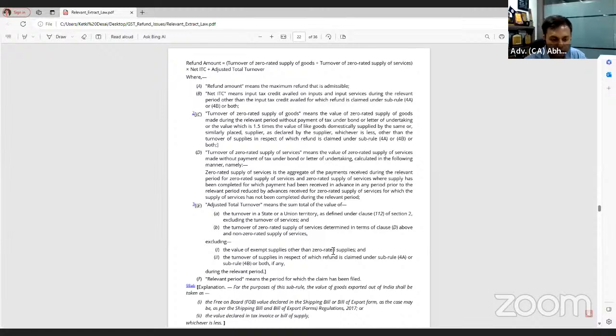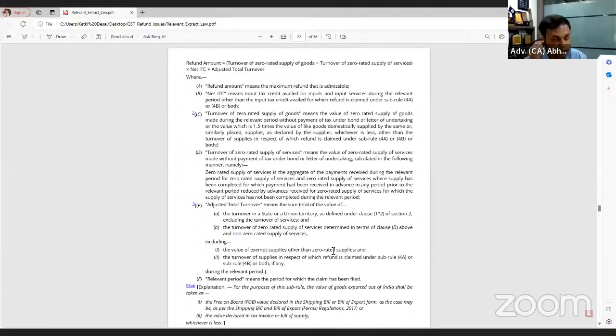So the government has not clearly restricted the exporters who are availing the benefit under the foreign trade policy from claiming the refund by way of a formula under sub-rule 4. It is the interpretation which is right now canvassed in certain matters by revenue, to suggest that since there is a specific sub-rule 4B, the exporter is bound to follow sub-rule 4B and not go by the general sub-rule 4.